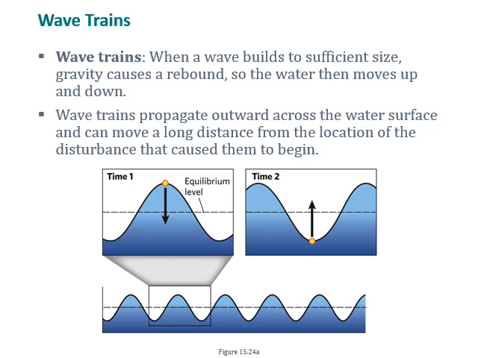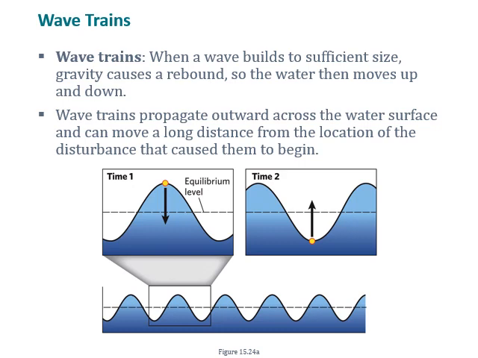Wave trains are described as when a wave builds up to a sufficient size, gravity causes a rebound, so the water then moves up and down. So imagine yourself getting up and out of the bathtub. All of your body moving out will displace the water in the bathtub. It will rise slightly, and then it will fall down as a result of gravity and displace water on its edges, which causes waves all in the radial direction surrounding it.